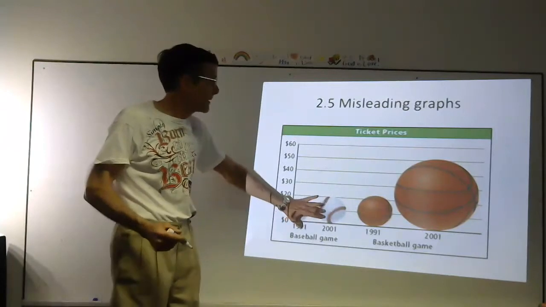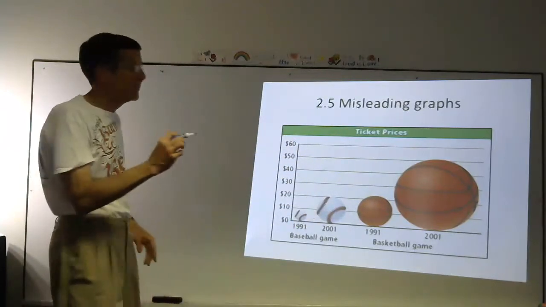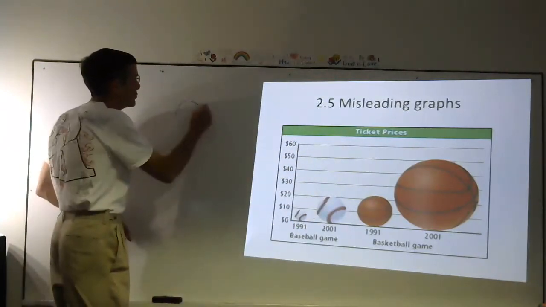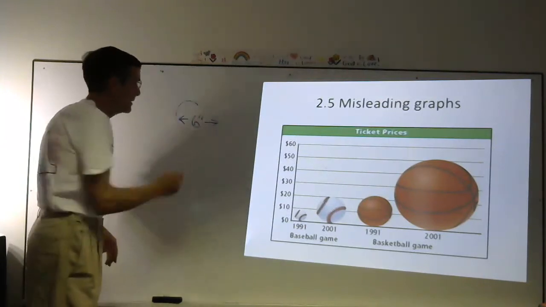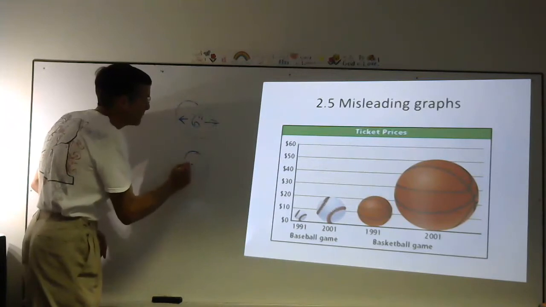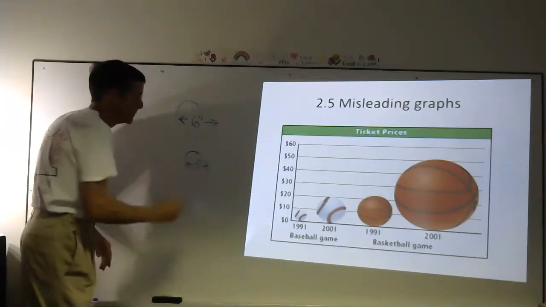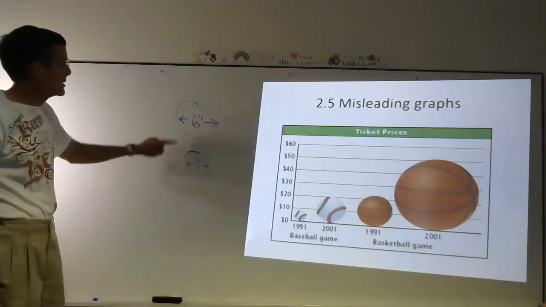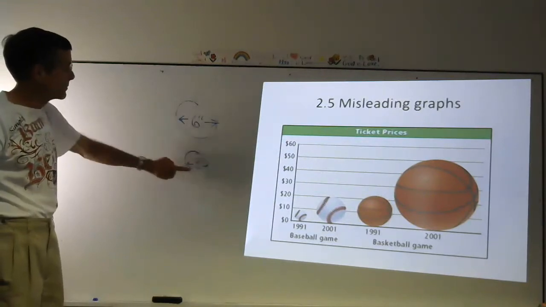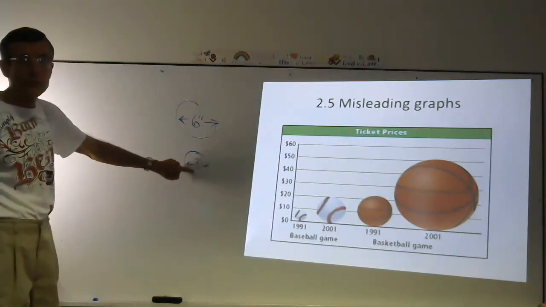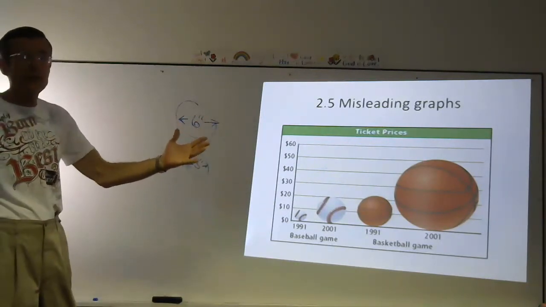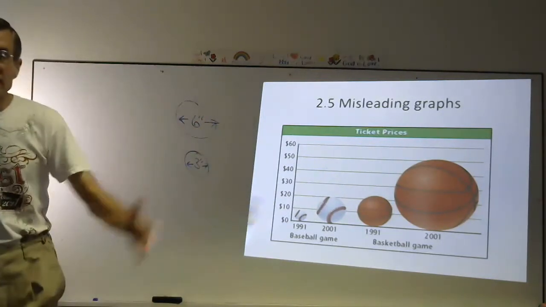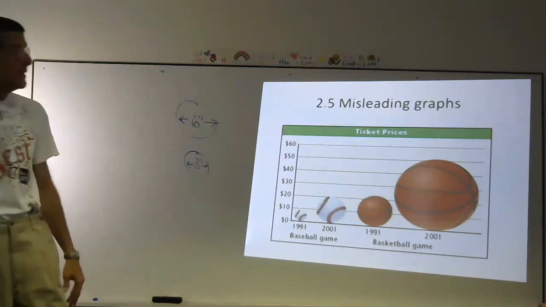This harkens back to an old fun math problem. If you have a 6-inch drain pipe and you have a 3-inch drain pipe, how much more water will flow through this one than through this one? What's everybody say? Twice as much water. It's 6 instead of 3.